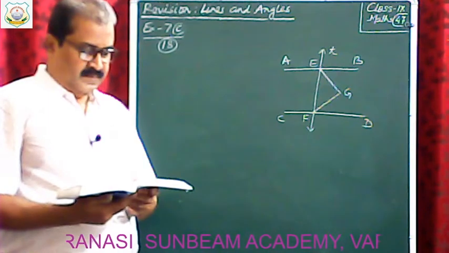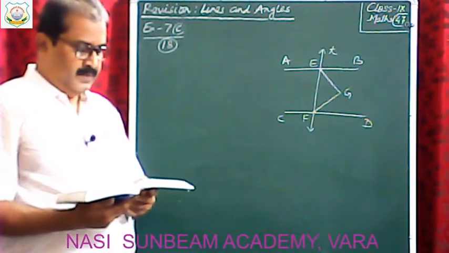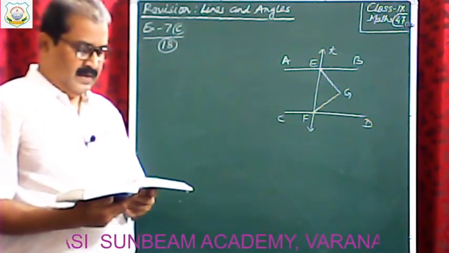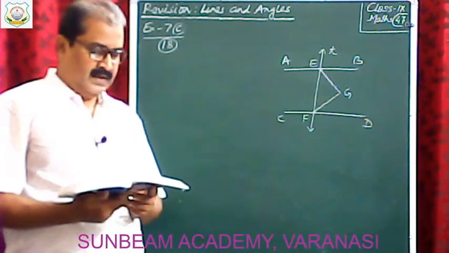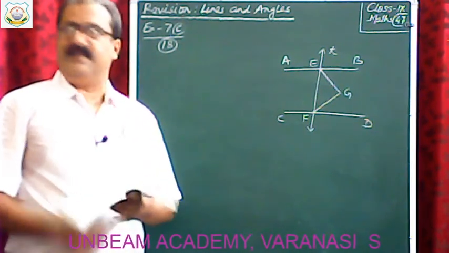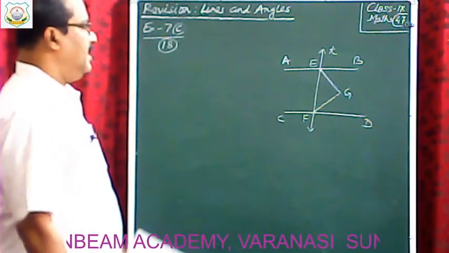If EG and FG are the bisectors of angle BEF and angle EFD respectively, prove that angle EGF equals 90 degree.